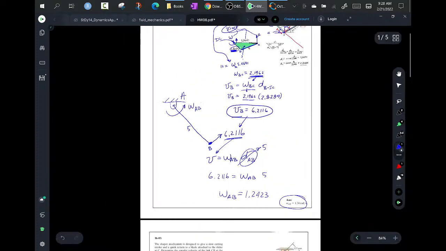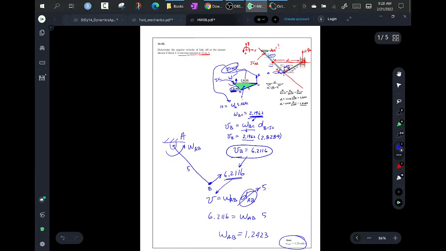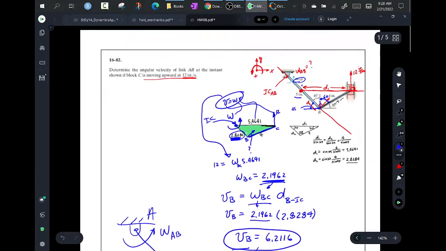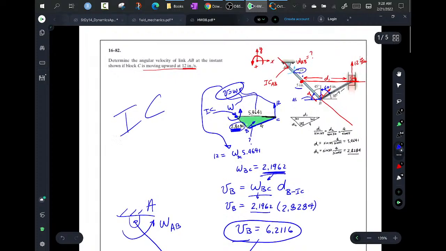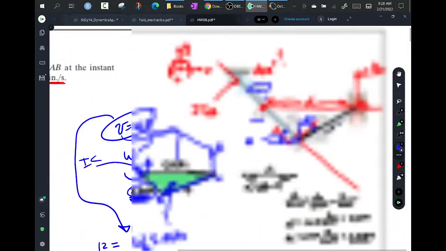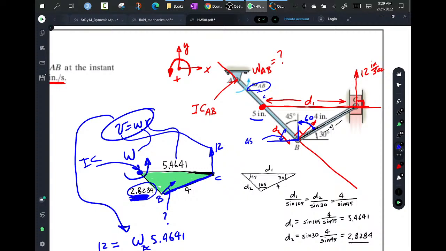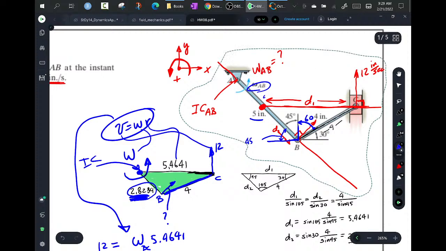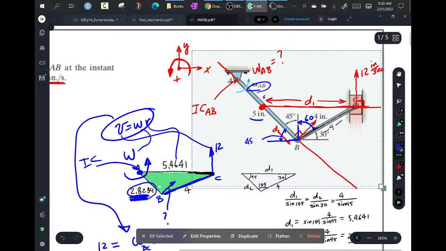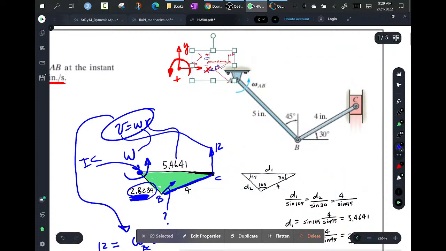So let's find it a different way. I did it with the instant center here, but now I'm going to do something else. Can I select the whole thing and shrink it down? It does work, it looks funny.